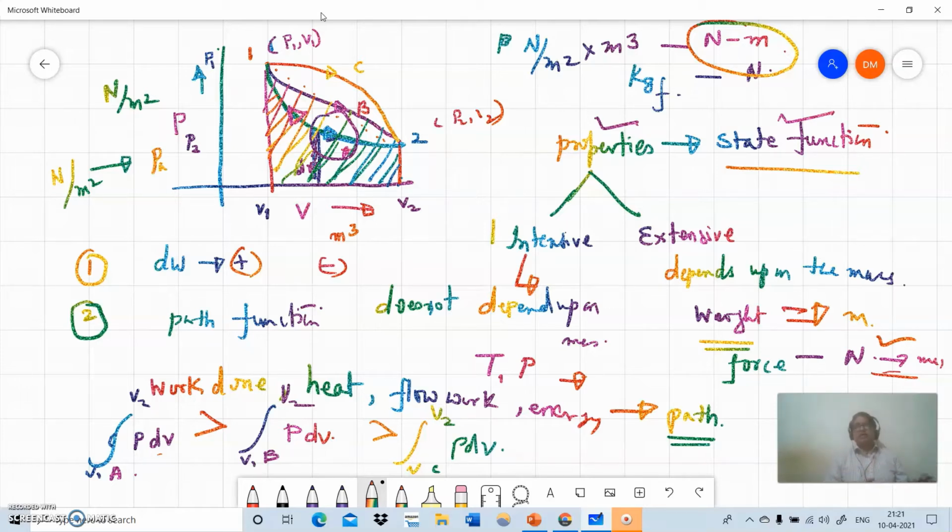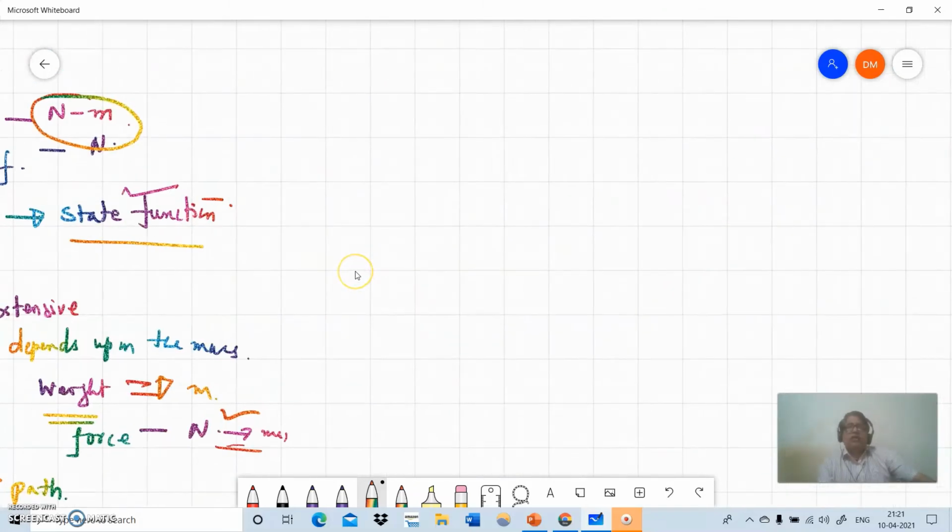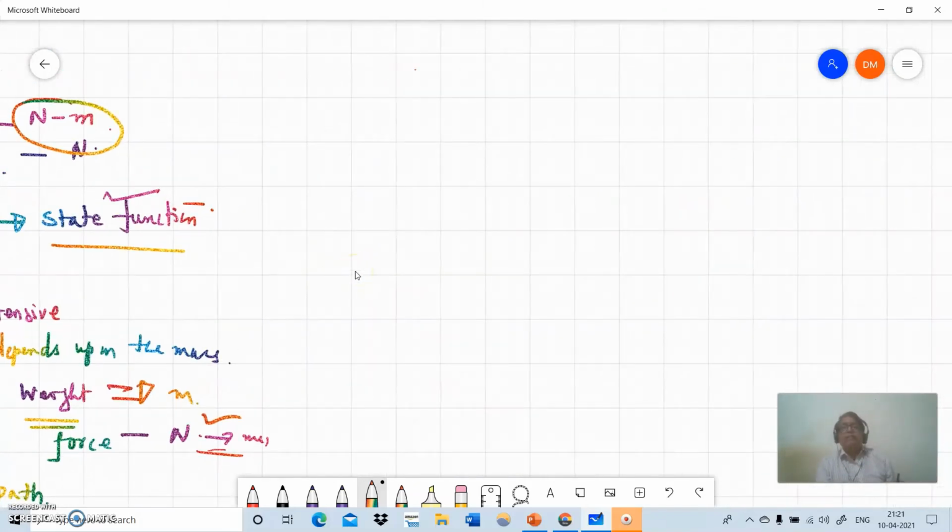The internal energy is represented by U, or delta U. Sometimes we call it delta E, as an internal energy.